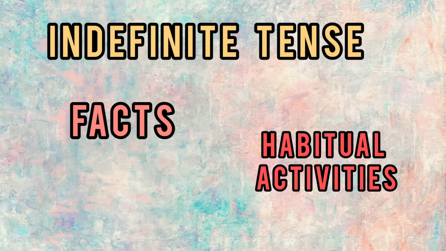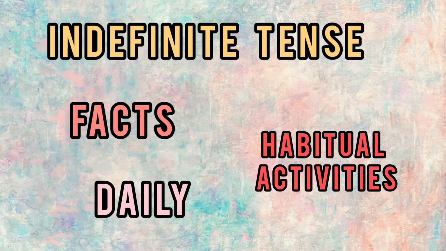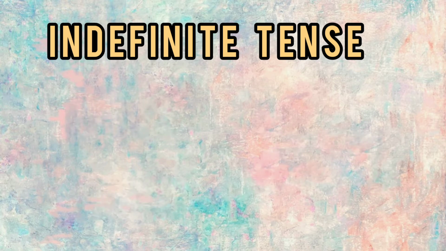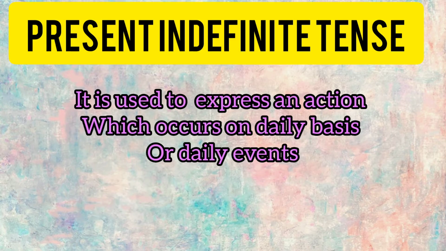Let's have a look at the general definition. Indefinite tense is used to express facts or habitual activities which occur on a daily basis. It is used to express an action in present time which is a habitual or usual action, or we can say an action which is done on a regular basis, like daily events.